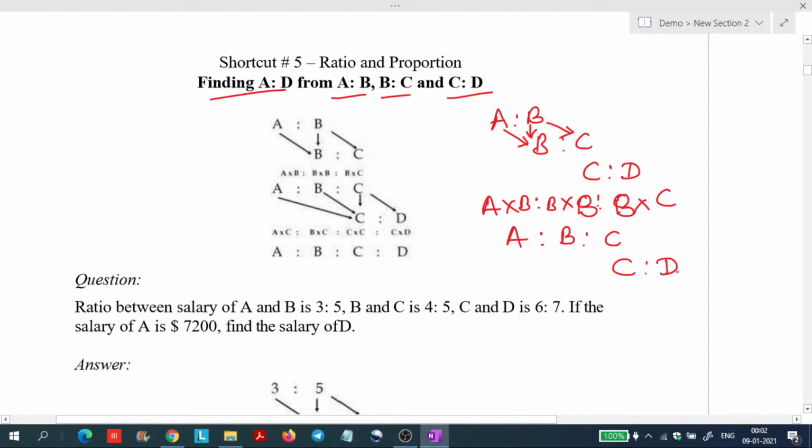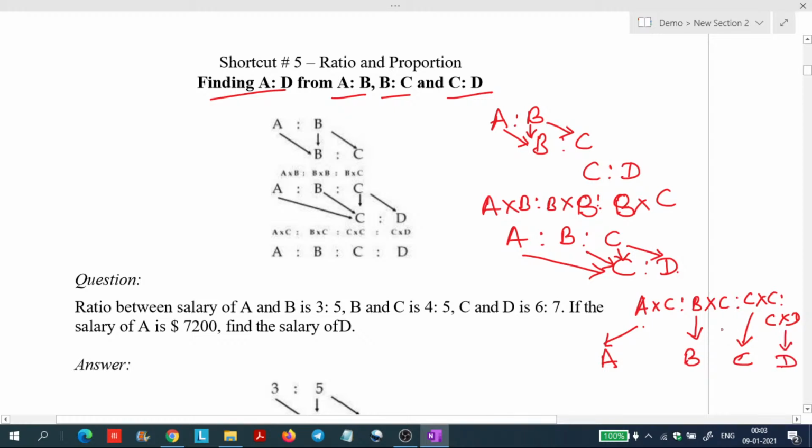Now there is one more, that is C is to D. So here also we can do like this: A into C, B into C, C into C, and C into D. So this term is like A, B, C and D.